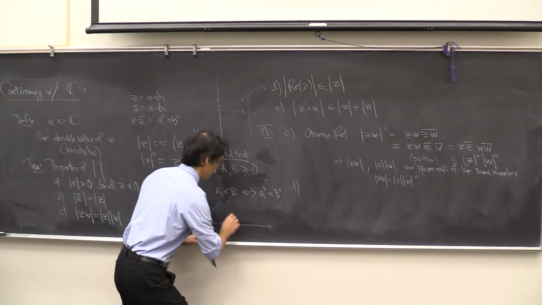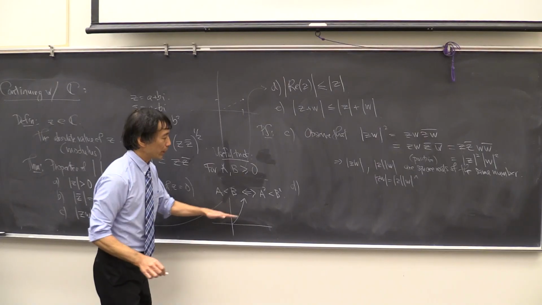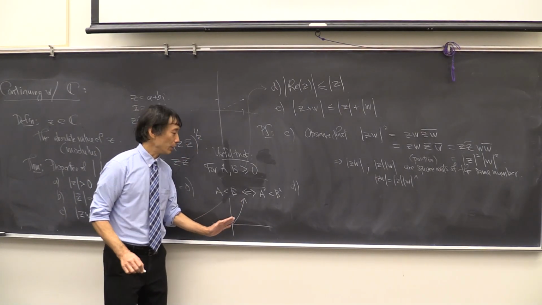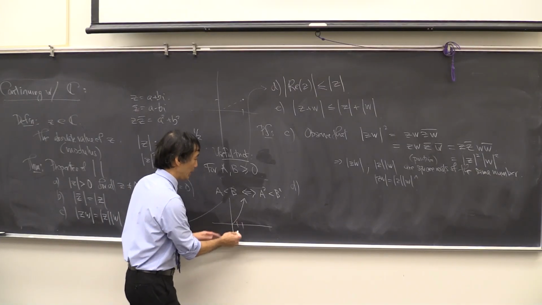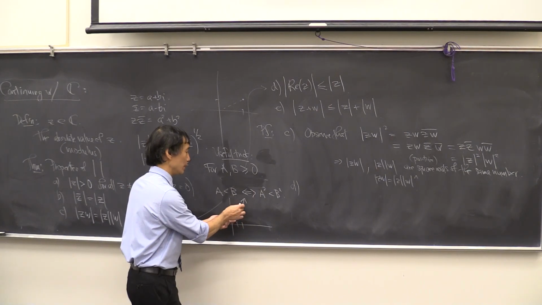This is because the square function is a strictly increasing function. So if A is less than B, then A squared is less than B squared.